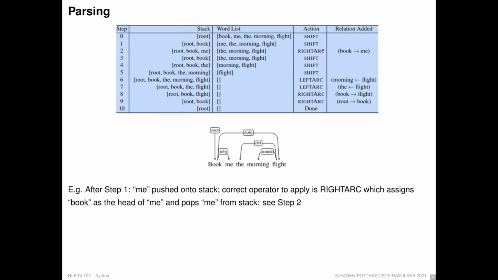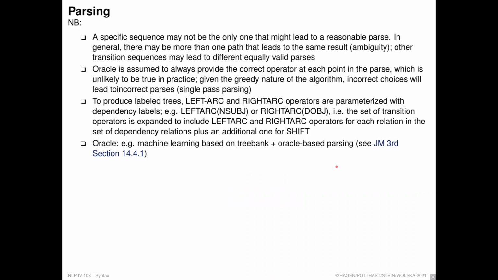And automatically we know that the right action is right arc. And if you analyze further, this I will leave for you to analyze at home. The right transitions are marked here. The right operations are marked here. Okay.